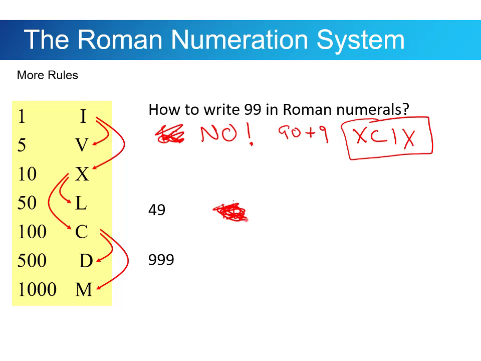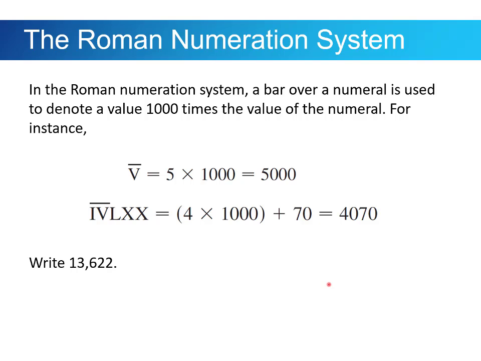Don't even think about doing that. 49, I have to write it as 40, XL, and then 9, IX. 999, oh, it is so tempting. Please, can I just write, no, you cannot write IM. So 999, 900 CM, 90 XC, 9 IX. There we go.